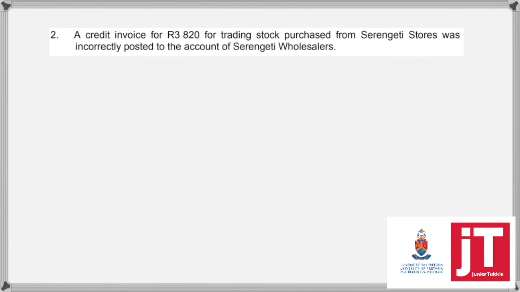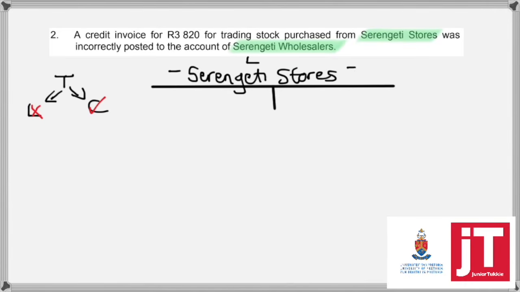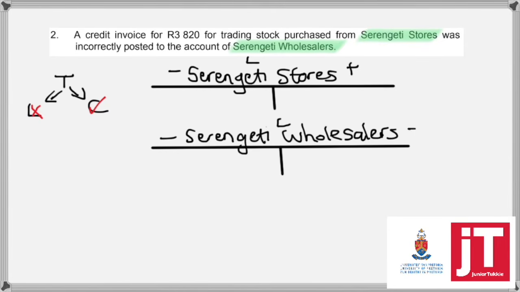Transaction number 2. A credit invoice for 3,820 for trading stock purchased from Serengeti Stores was incorrectly posted to the account of Serengeti Wholesalers. We made a mistake where? With the individuals, not with the control account, which means we need to open Serengeti Stores as well as Serengeti Wholesalers. Now, what have we done incorrectly?